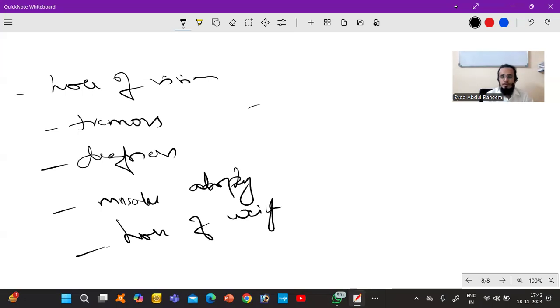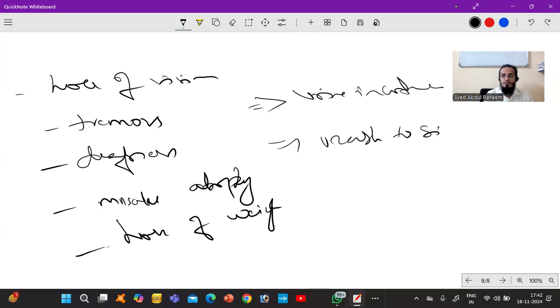Along with that, if the weakness progresses in the brain part, what will happen? Urine incontinence. And the patient has very bad posture, unable to sit, unable to walk. Unable to sit by himself.